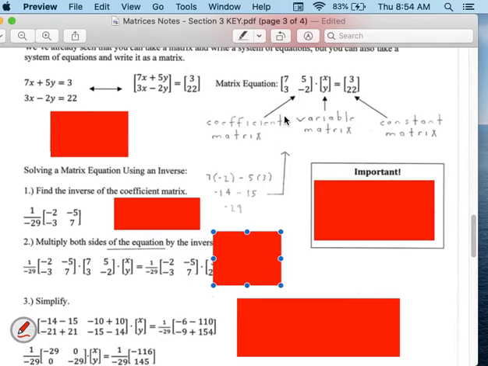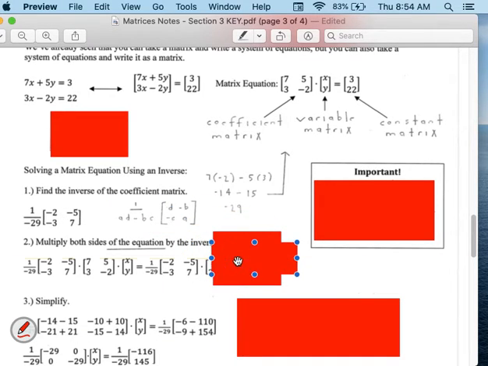A times D minus B times C is -29, right? So there's my coefficient, and I swap A and D and change the signs of B and C. Okay? So this 1 over -29, -2, -5, -3, 7, that is the golden ticket.